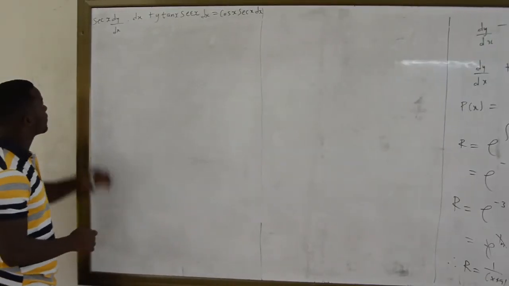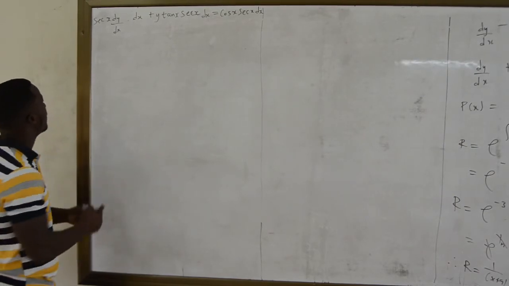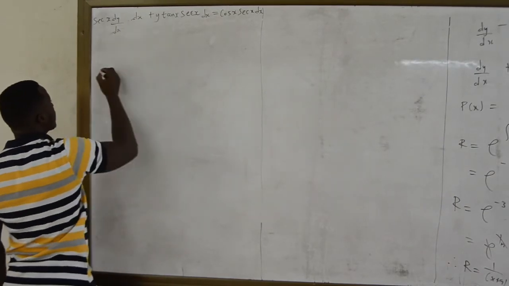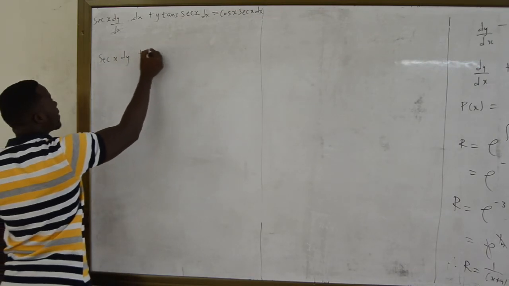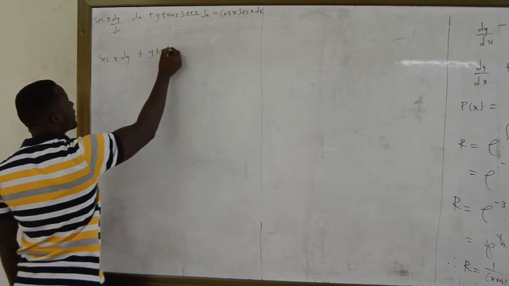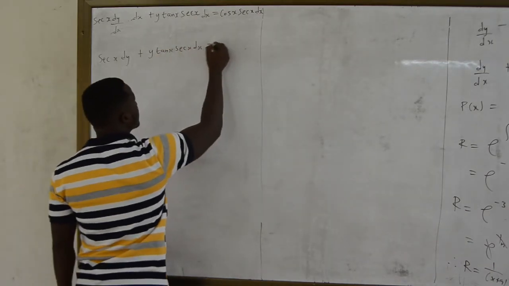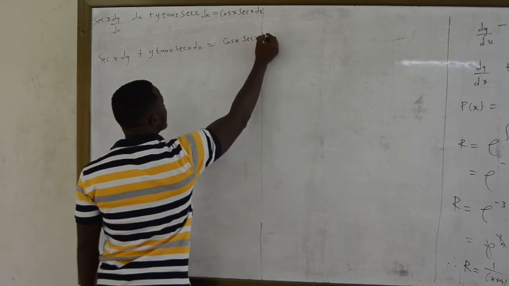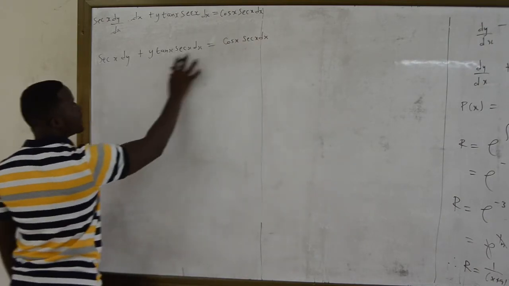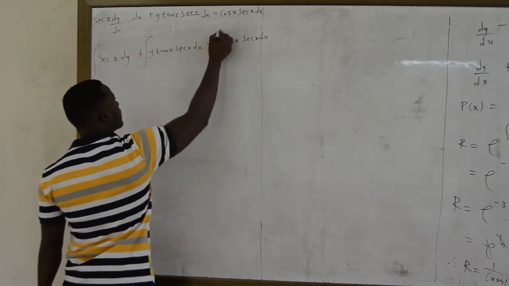After multiplying through by dx, I can see that this dx will cancel this dx. So I'll have sec x dy plus y tan x sec x dx equal to cos x sec x dx, and I have to integrate this.